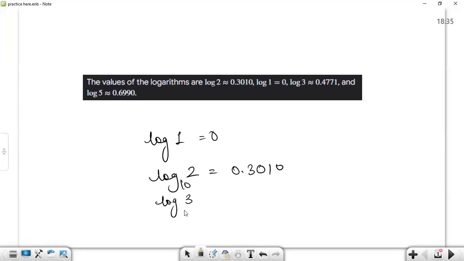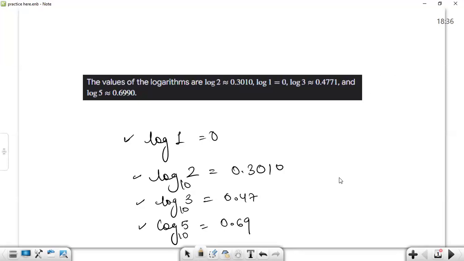Logarithm of 3 to the base 10 is 0.4771. Just remember 0.47, and logarithm of 5 to the base 10 is 0.69. These are important. You have to learn them. Otherwise, sometimes it is also given in the question, but I urge you to learn.